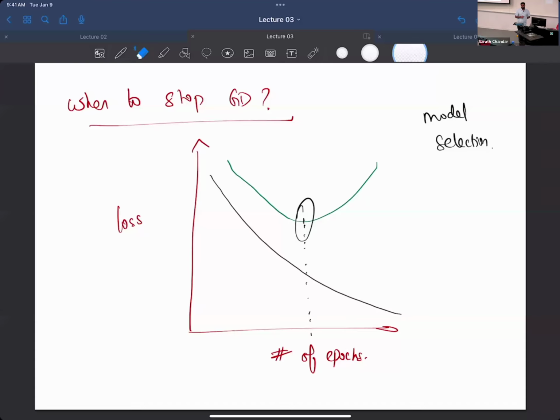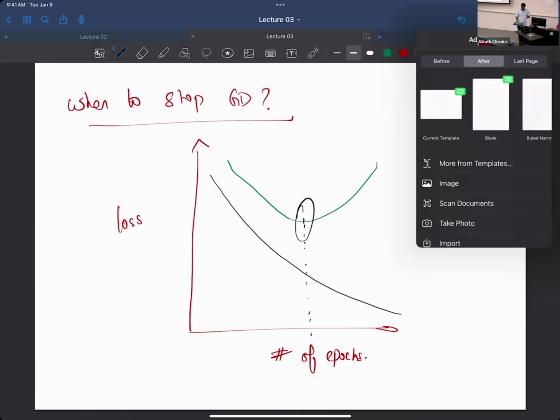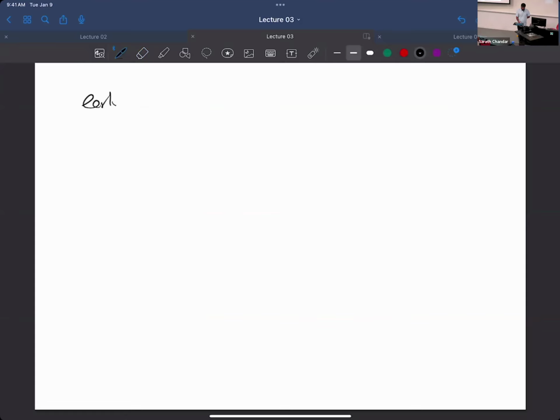Now, sometimes it's not clear how long you should run, right? So then people do what is called early stopping. Okay. So what early stopping means is you will set some patience number. Okay, let's say if I set my patience to be 5, this just means that I'm going to wait for 5 epochs.